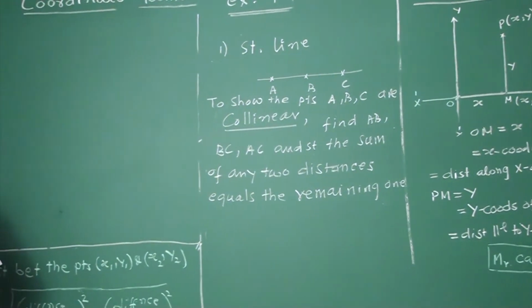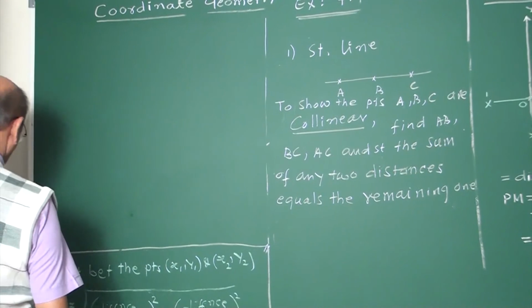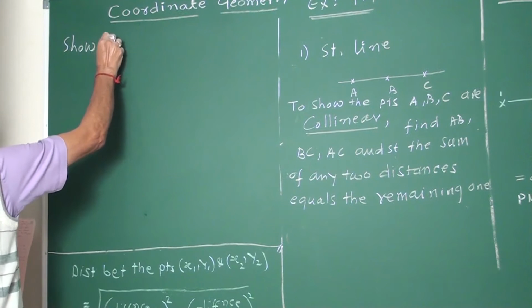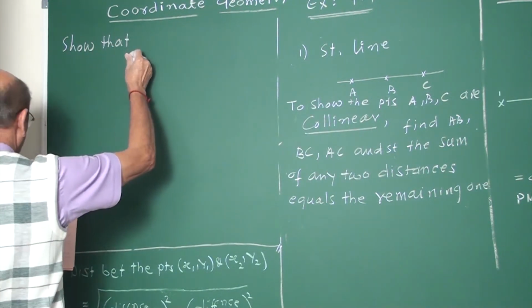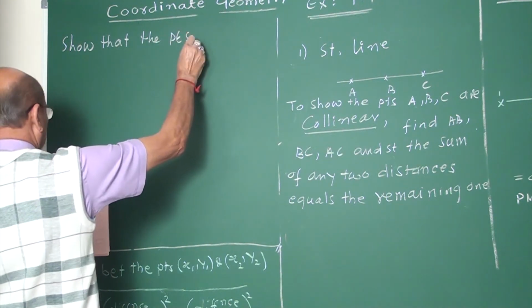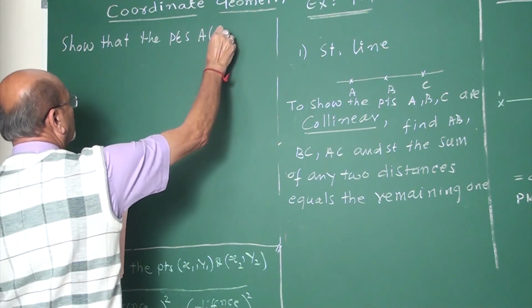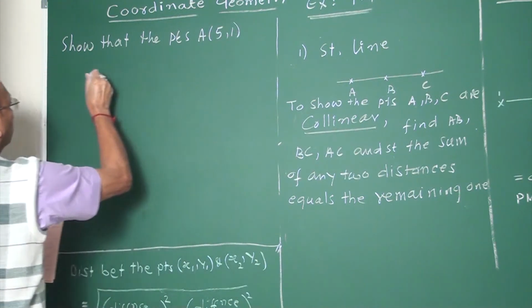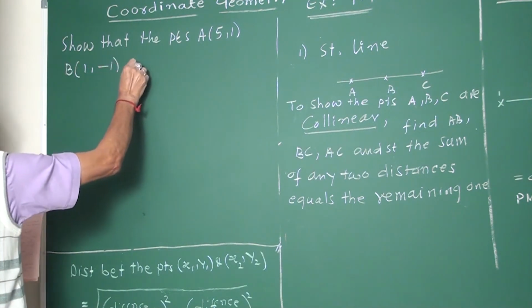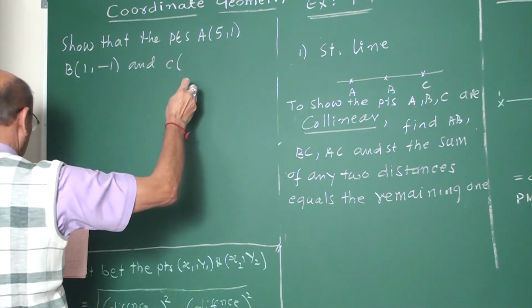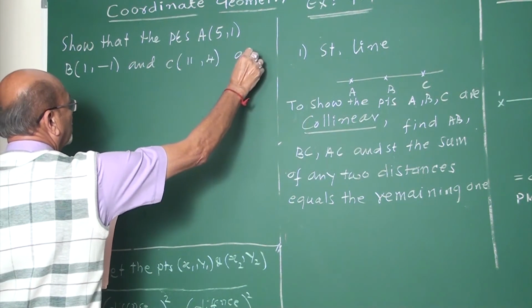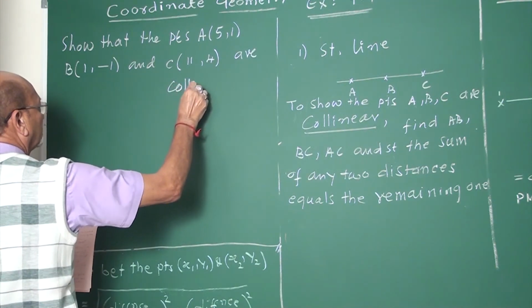Show that the points A (5, 1), B (1, -1), and C (11, 4) are collinear, lie on the same line.